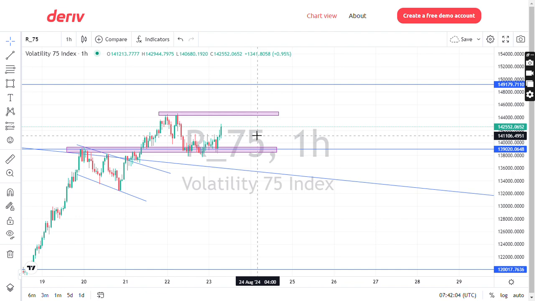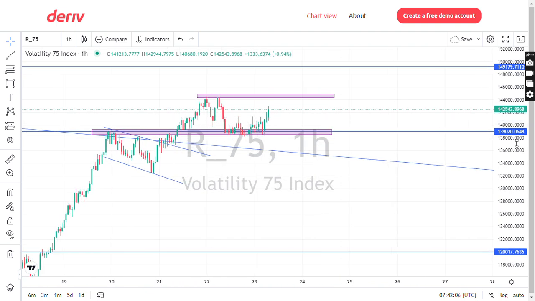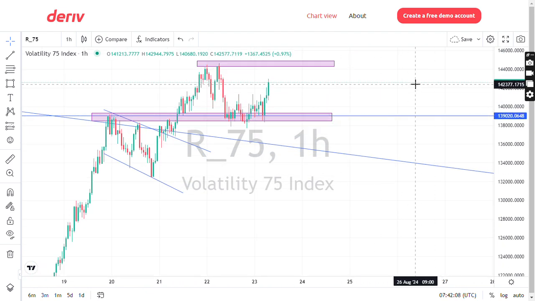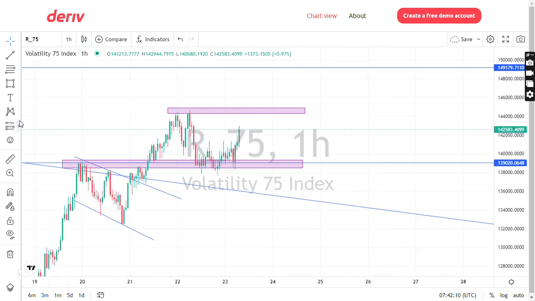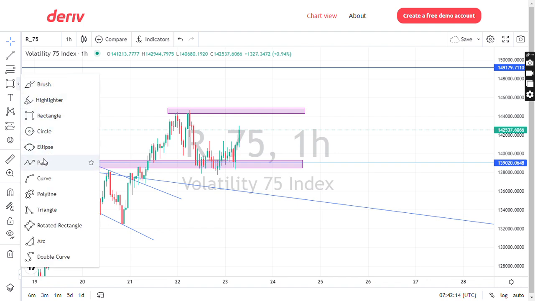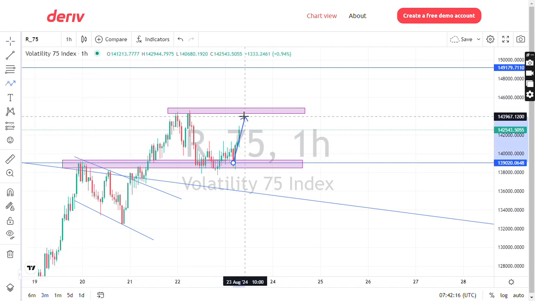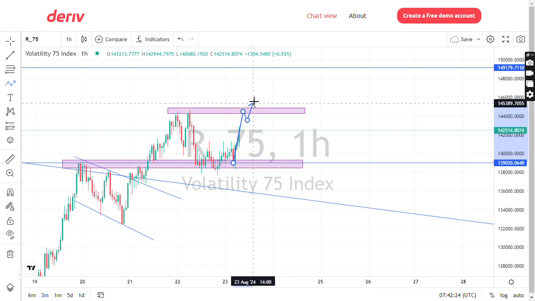So what am I looking to do with the specific charts, the specific pair? What would I personally be looking to do? So since we're already going into profits, once we get here, I would need to see whether or not we are going to consolidate and break to the downside, or consolidate and break to the upside.